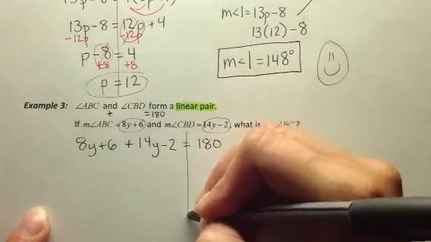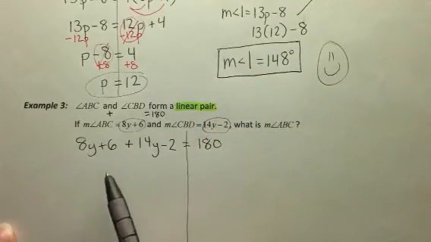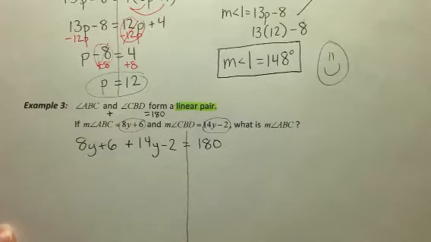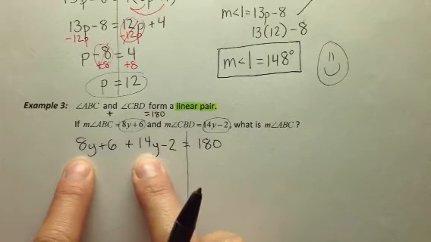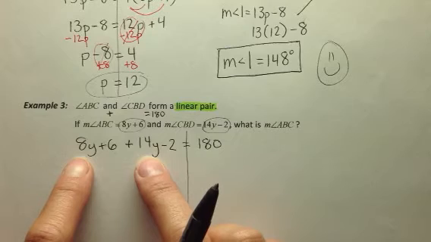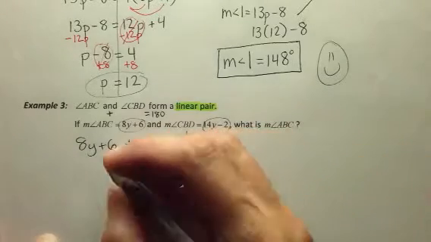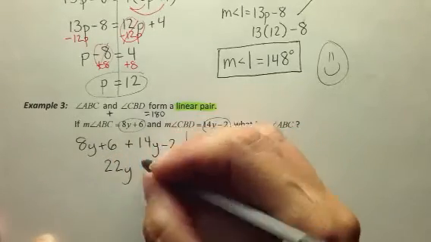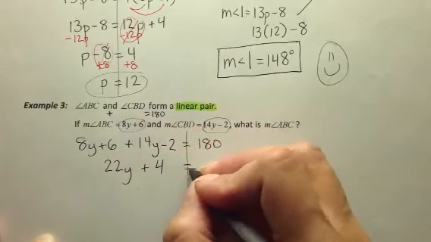Okay, I'm going to go ahead and do my algebra here. I've got a bunch of stuff on the left side, so I'm going to start by simplifying that. 8y and 14y are my common terms here, my like terms. So that's going to be 22y. 6 and negative 2 make positive 4.